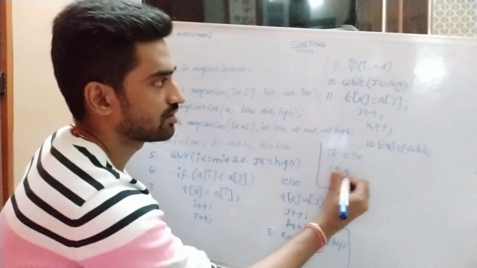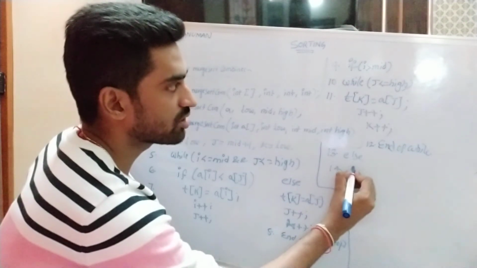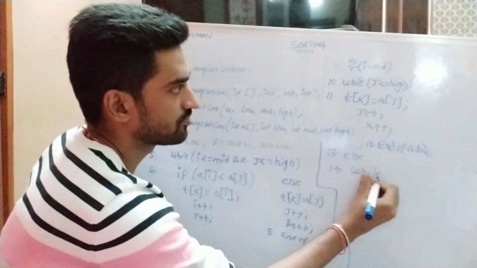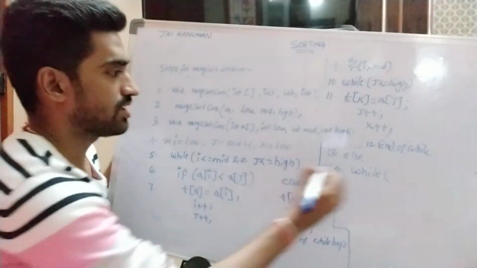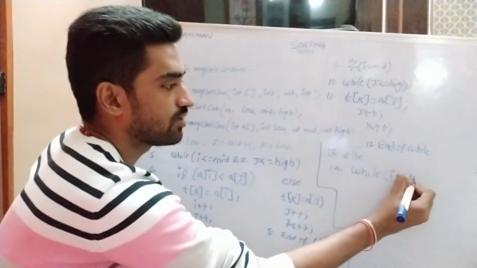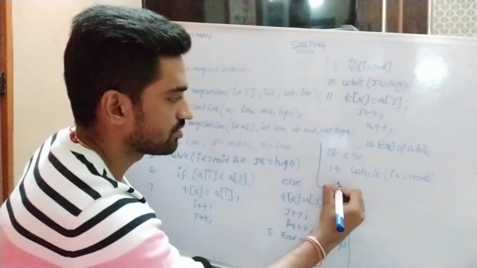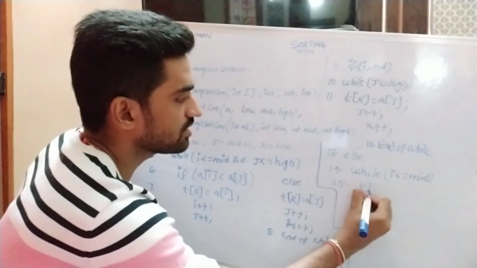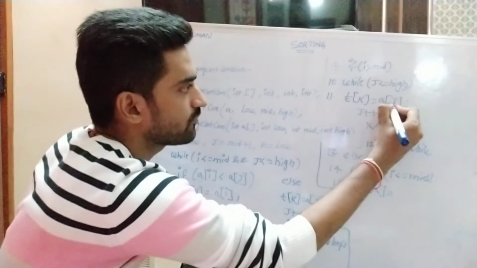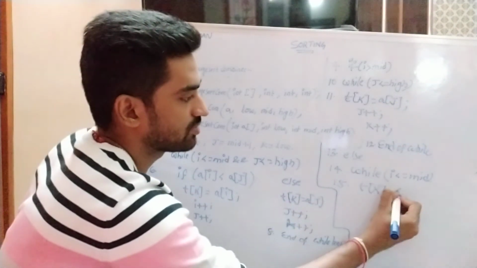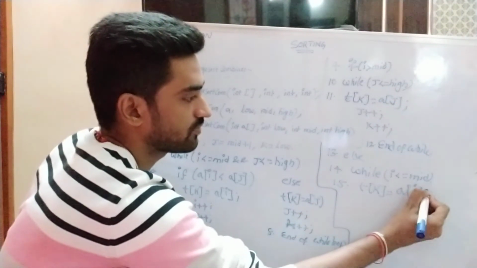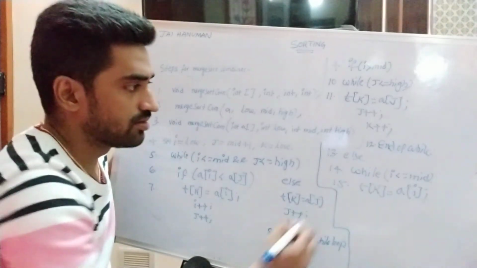While i less than or equal to mid, then we are copying t of k is equal to y of i. Right?